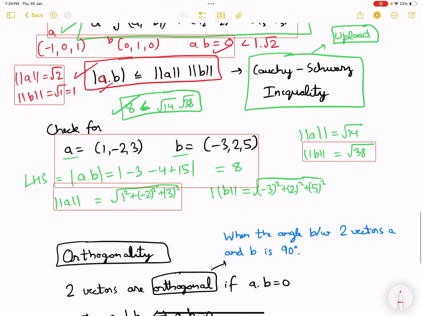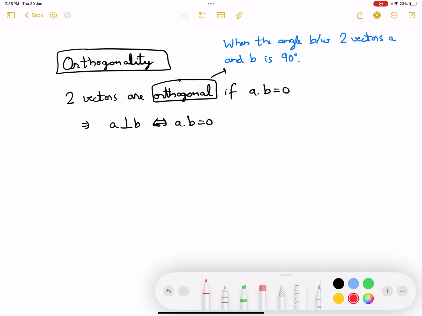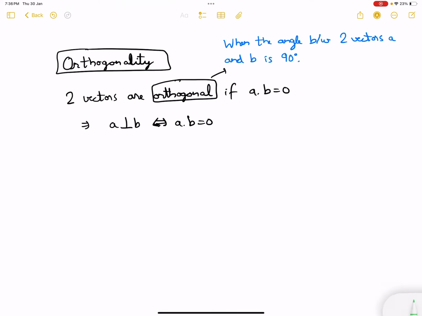Okay, now moving to orthogonality. What does orthogonality mean? Two vectors are orthogonal when the angle between the two vectors a and b is 90 degrees.